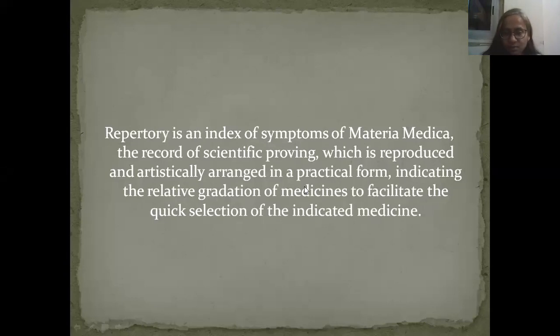So in simple terms, it's just an index where all the symptoms are listed. You can go to the repertory, choose the symptoms which are there in your case, and look at the remedies which those symptoms cover. It's just like a dictionary or thesaurus. So it's an index of symptoms basically.